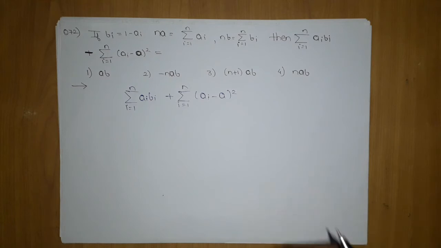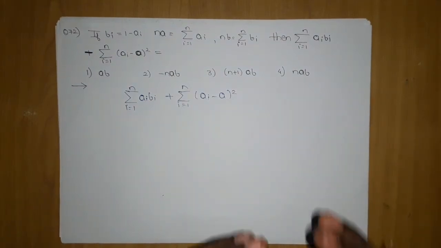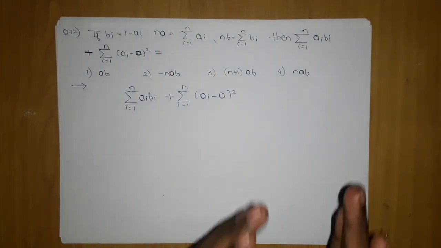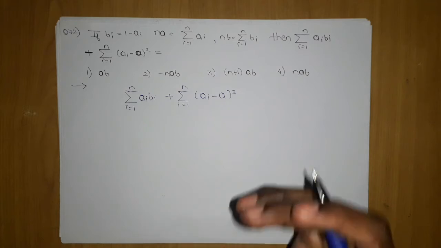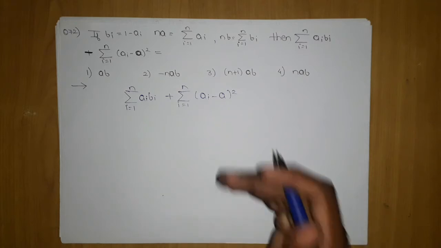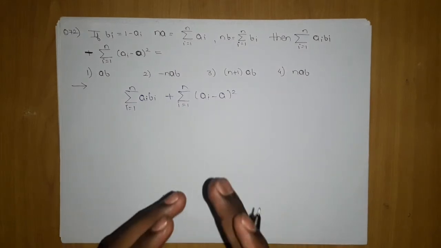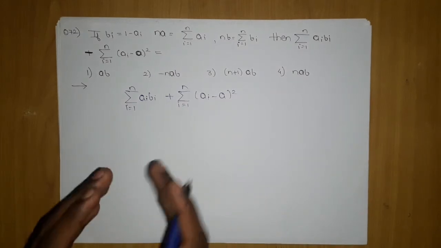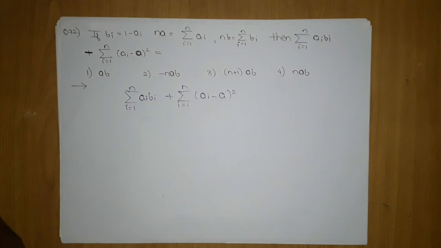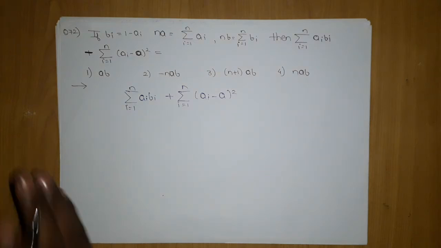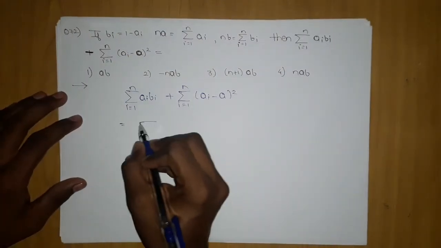Since the summation lower limit and upper limit are same, so I can take them common. Because I have told this rule while we were discussing summations on independent and dependent variables. We have discussed it deeply there. So I am taking the common.